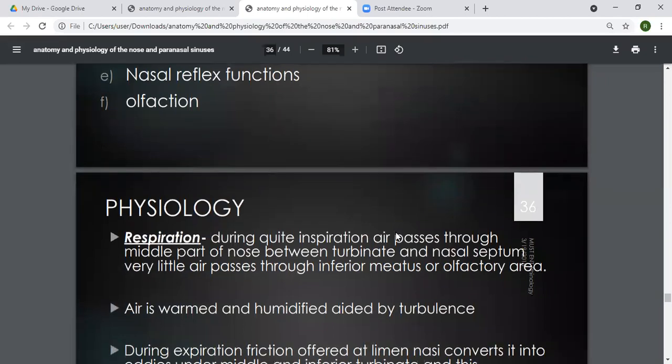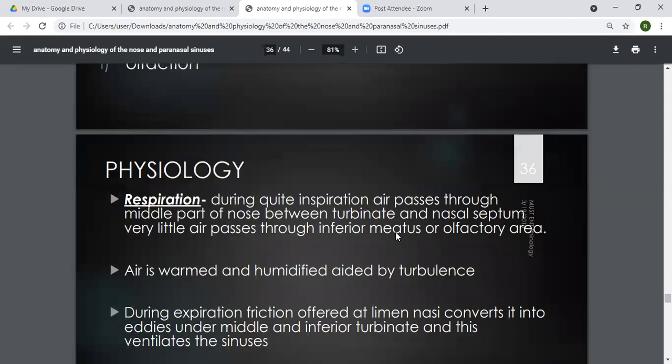So we have respiration, which happens as air is passing through the nasal cavity. It's warmed, humidified, and this is aided by turbulence that is caused by the turbinates within the nasal cavity. So you find that it's not a smooth flow.